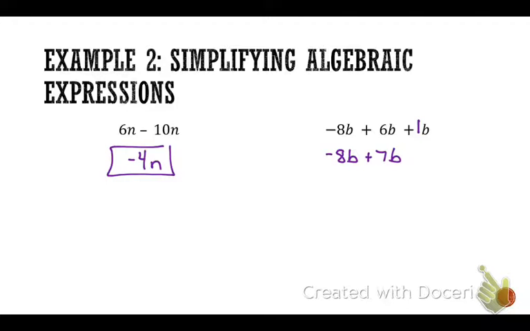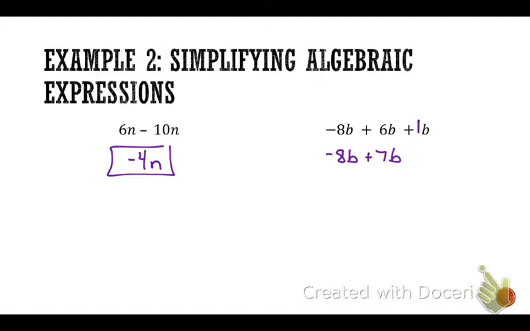Well, you say, well, Ms. Kinder, I thought it was just as easy to do -8 plus 6 and get -2. You can do that also. So commutative property just allows us to kind of mentally switch around the terms if we want to. I think it's easier to do negative 8 plus 7. What's negative 8 plus 7? Negative 1. Why would you say negative 1?